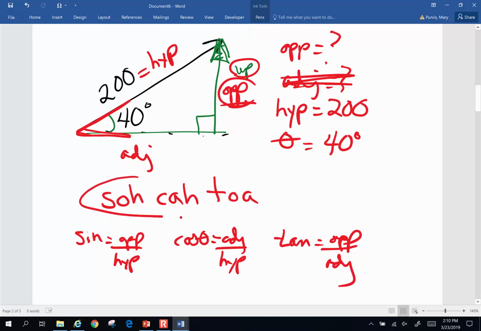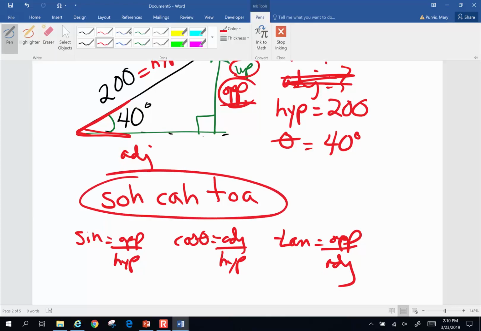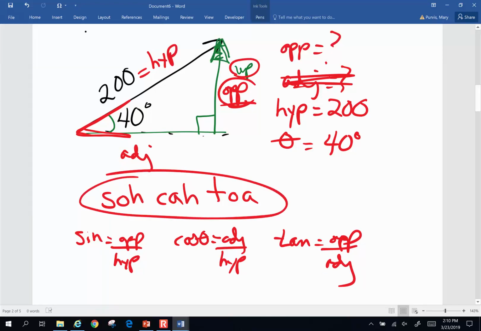SOH CAH TOA is a little memory aid that helps humans remember these equations. I will very often write this all out and put a little space between them, remembering that each one is an equation.